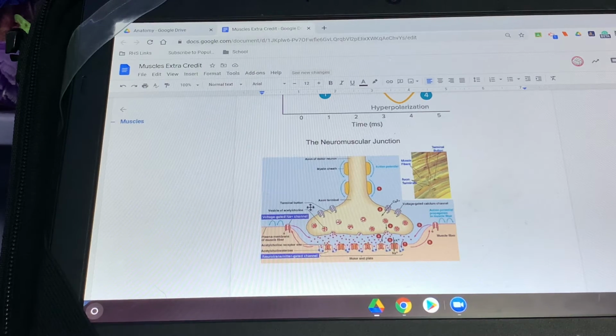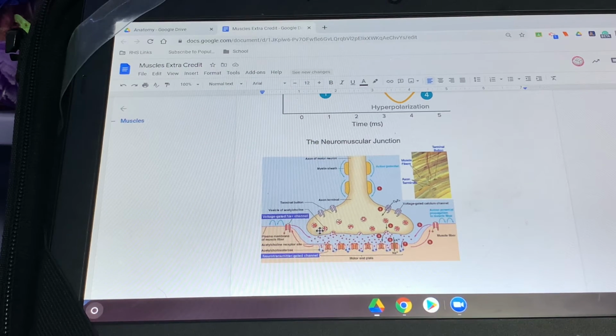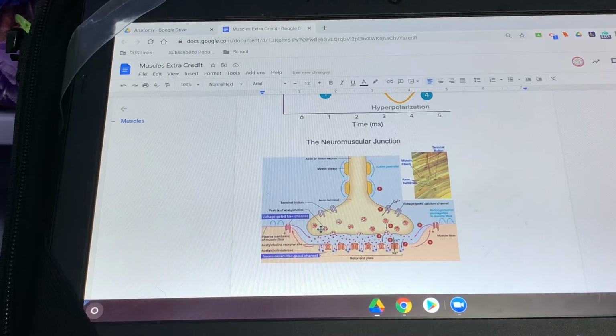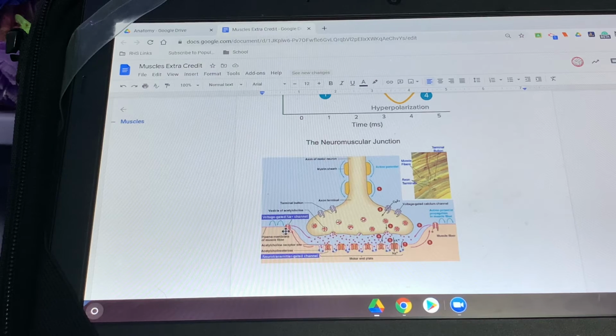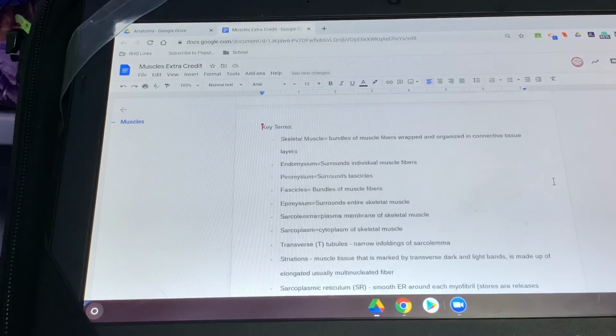Anyways, this is the axon terminal, and these have vesicles of acetylcholine, and then this is the plasma membrane for the muscle fiber. Yeah, so that's a neuromuscular junction.